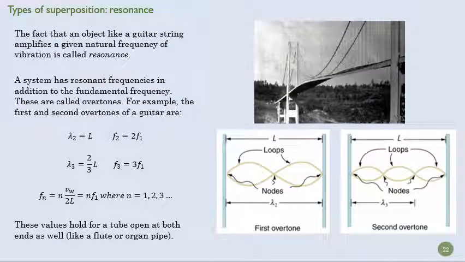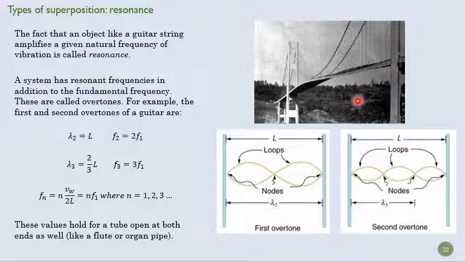Now, the fact that a given string and a given object has a natural frequency, a fundamental frequency, brings up the idea of resonance. A system that has resonant frequencies is going to pick up those frequencies in the environment, right? So if I have my guitar tuned and I hum really loudly a particular note, the guitar string that's tuned to that note will actually pick up those vibrations and amplify them and start to hum itself.